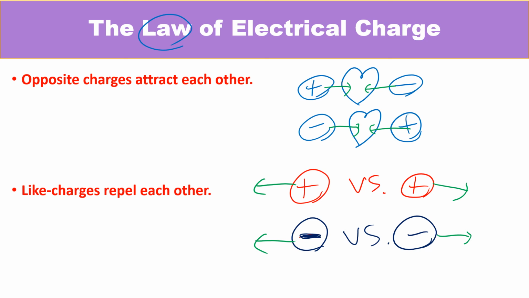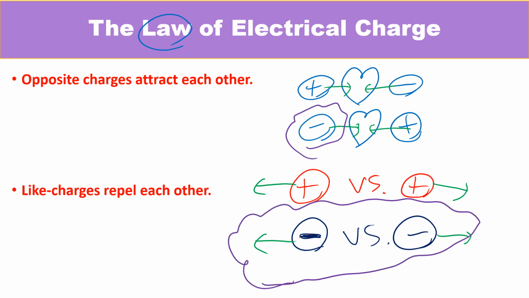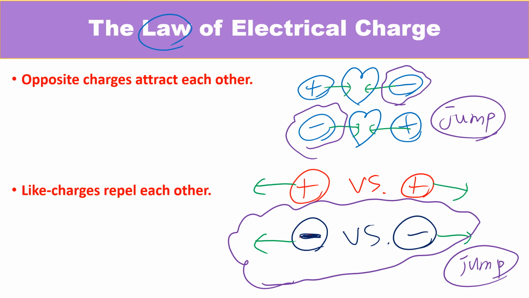And in extreme cases, especially when we're talking about electrons, they can jump from object to object because they just love each other if they're opposite charges. They can even jump from one object to another if they hate each other too much.